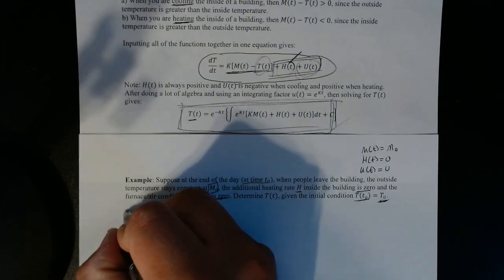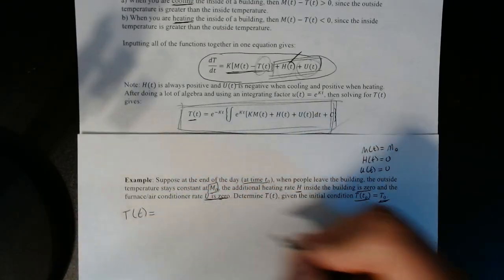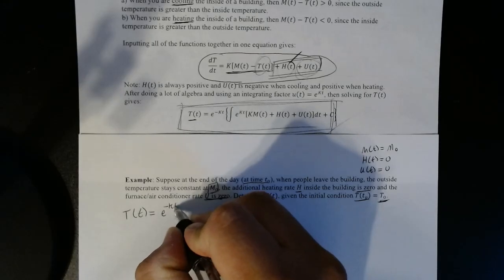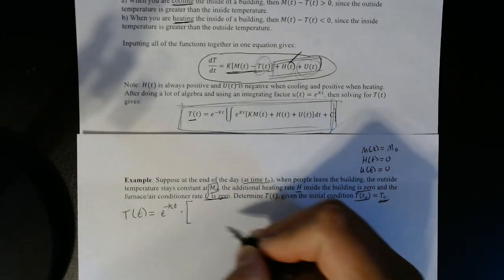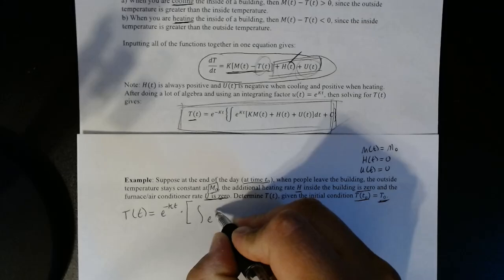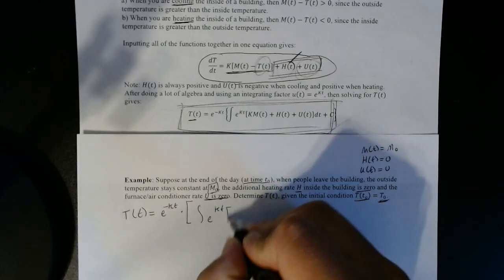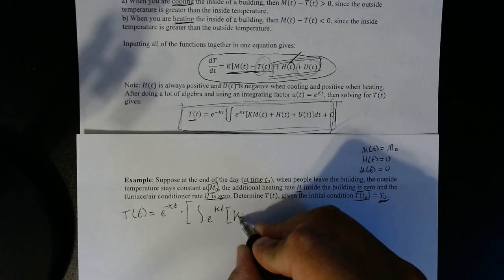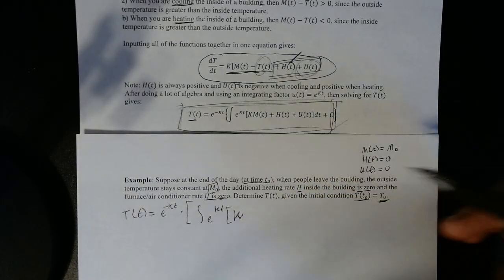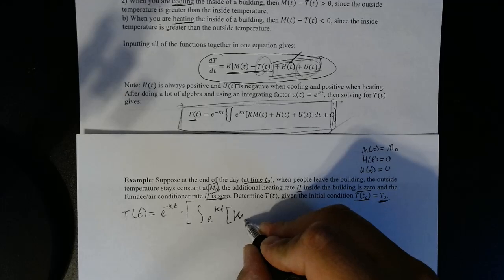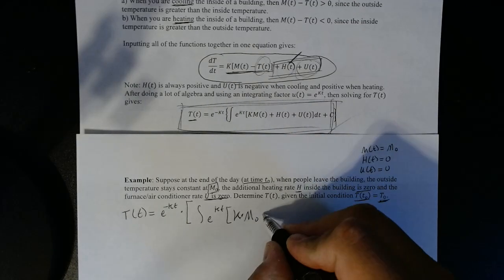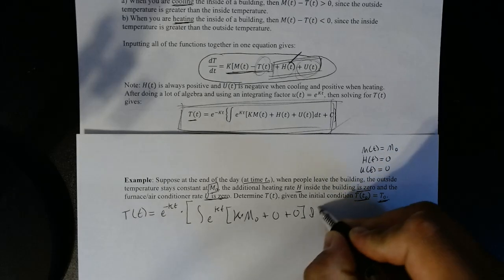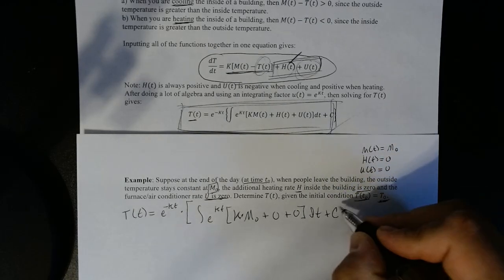If we go to our equation, this is going to equal e raised to the negative kt times the integral of e raised to the kt times k times m of t, which is just the constant m naught, plus 0 plus 0, dt, plus c.